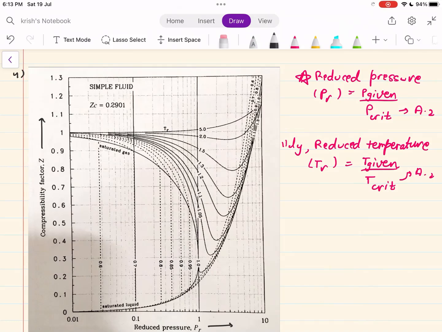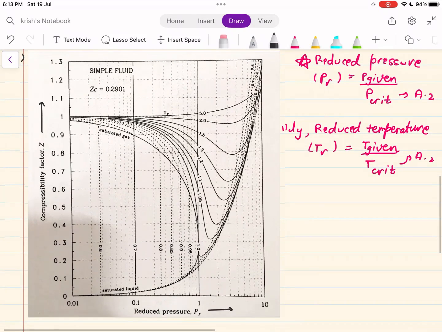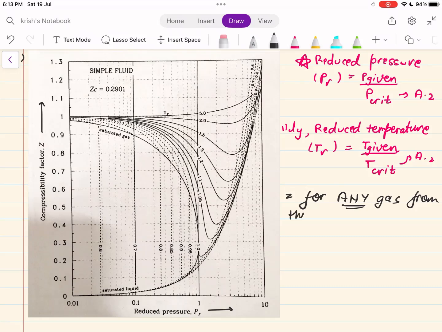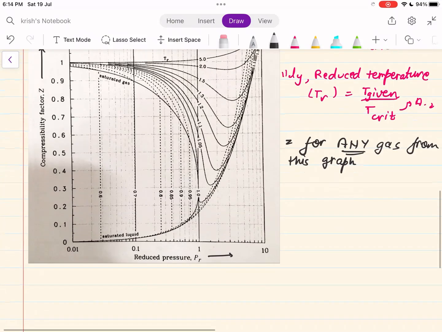Right. So now we can find Z for any gas from this graph. Why can we find it for any gas? This is due to something called the principle of corresponding states.